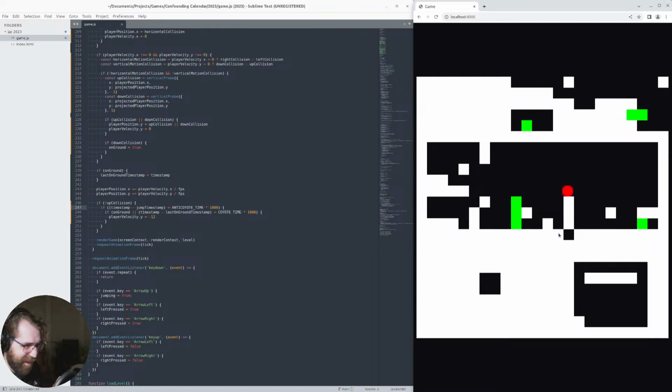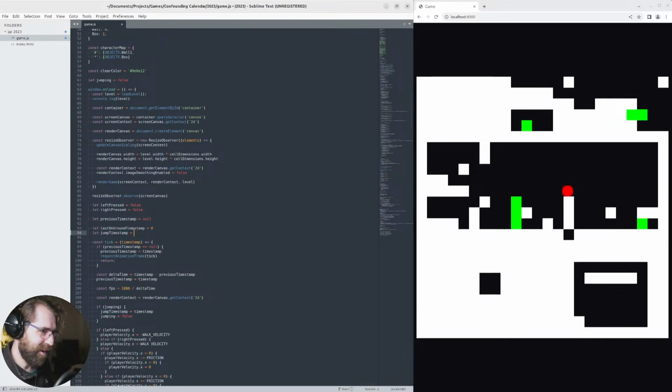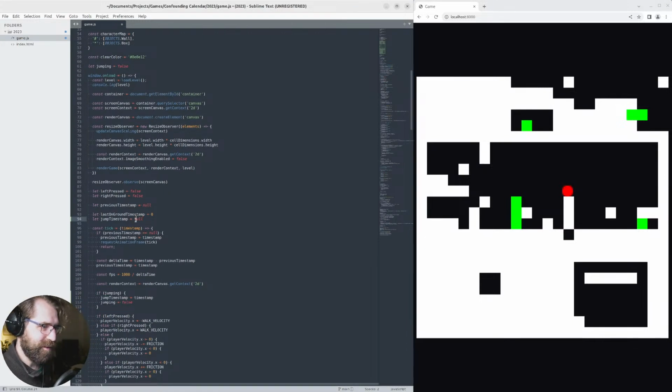So when the jump does happen, we need to clear the jump timestamp, right? Because otherwise we'll keep jumping for a second afterwards. Okay. That's set to null because 0 is an actual time. It's when the page loads. So that's null.